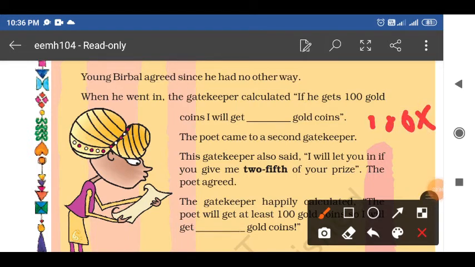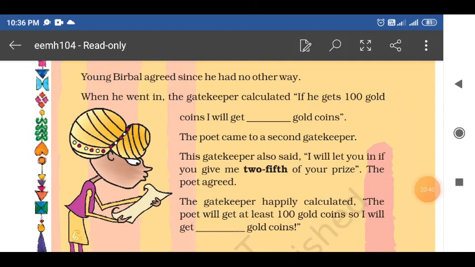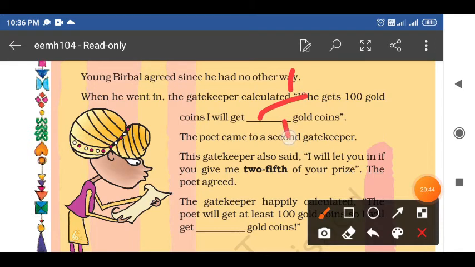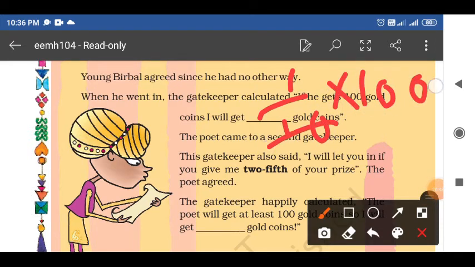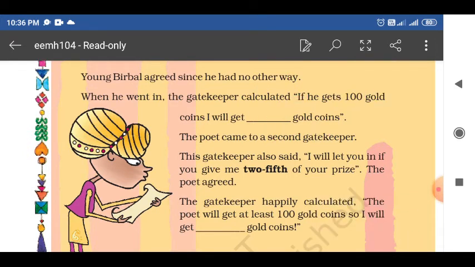The total number of gold coins is 100, multiplied by how much? He asked for 1/10 part, right? So 1/10 multiplied by 100. 10 ones are 10, 10 tens are 100. So 10 coins he will get. Like that you need to find.